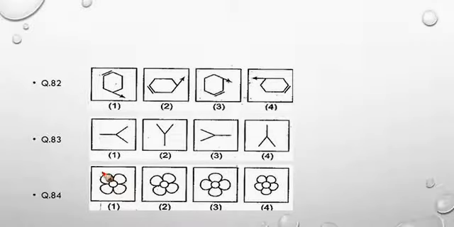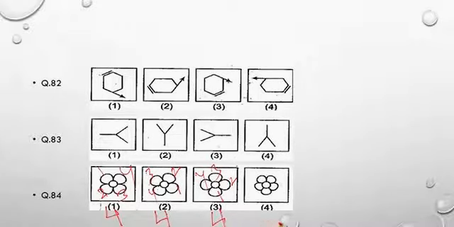In case of option 1, there's 1, 2, 3 and 4. There are 4 leaves to make the flower. In option 2, let's count the number of leaves. 1, 2, 3, 4. 4 leaves again. In case of option 3, let's count 1, 2, 3, 4. Again 4 leaves.